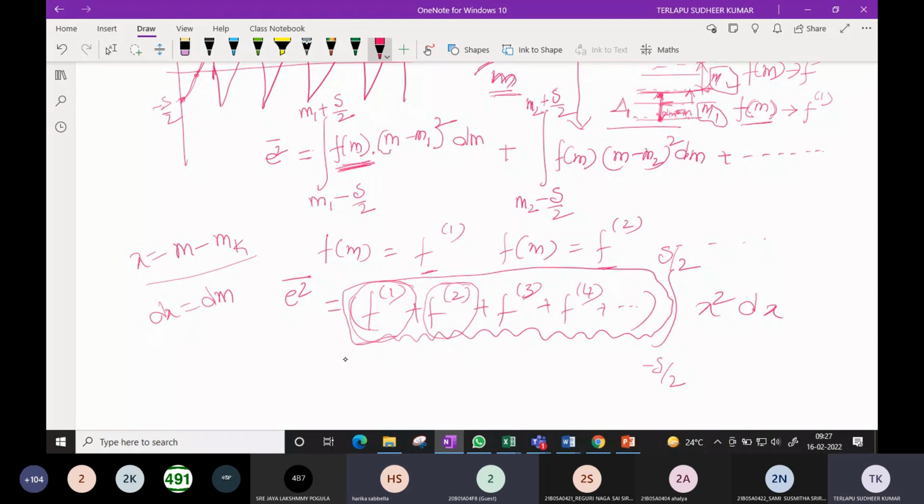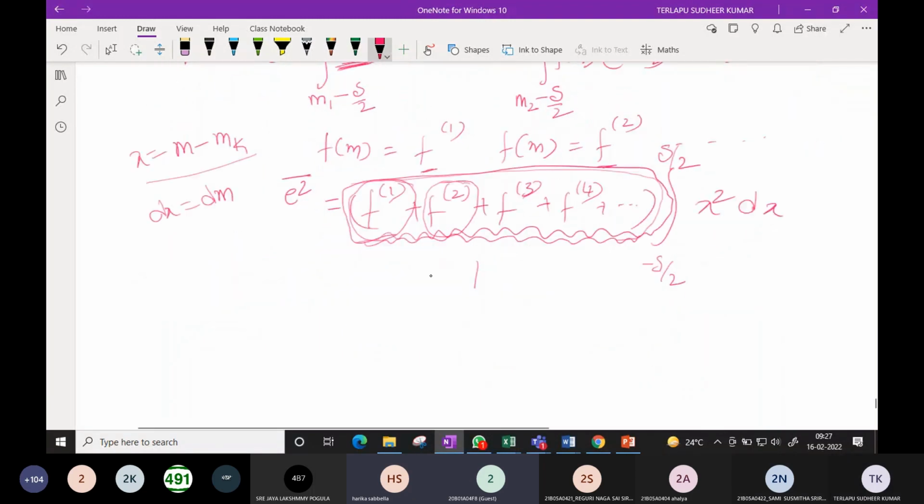Now my question is, what is this within the brackets, that is f1 plus f2 plus f3 plus so on? What is this value? 1, sir. Because the total probability is 1, this entire bracket will become 1, right?